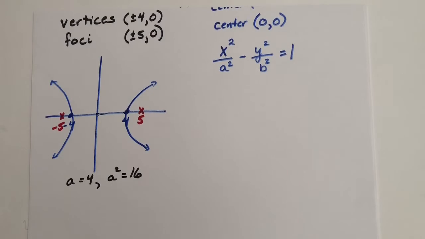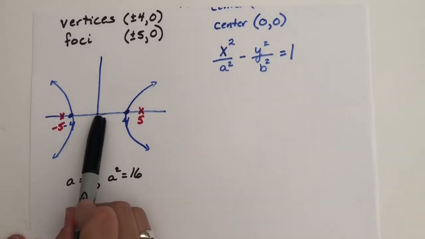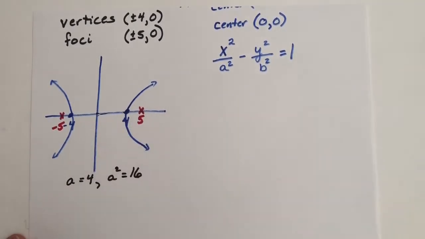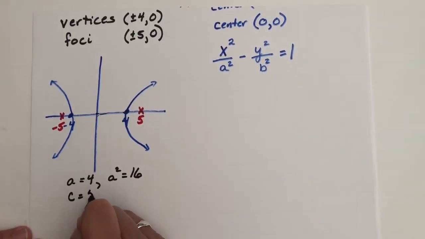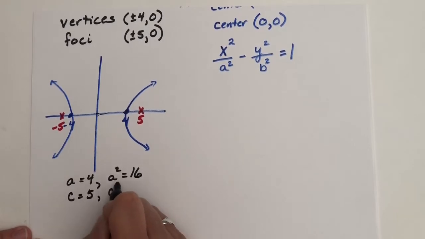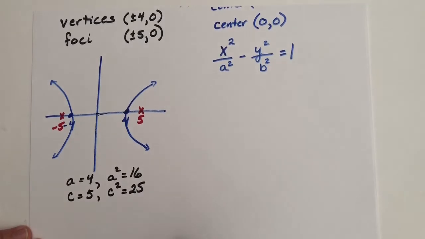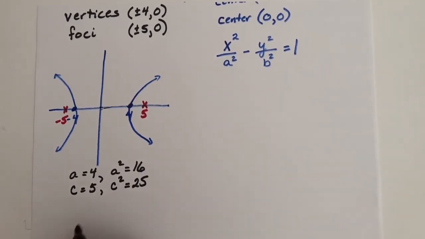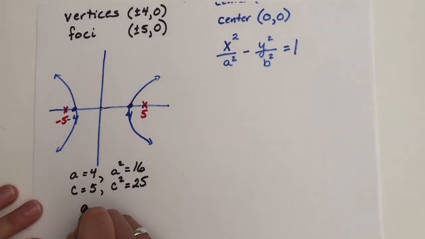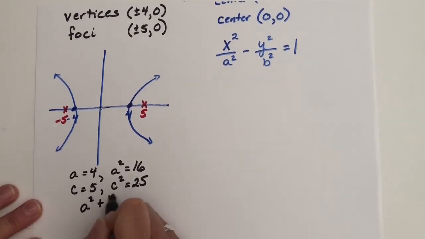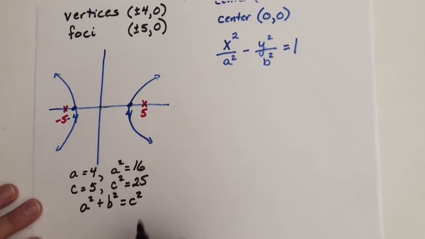We know that the distance from center to focus is c. So for this problem, c equals 5, or c squared equals 25. And the relationship between a, b, and c in a hyperbola is always a squared plus b squared equals c squared.